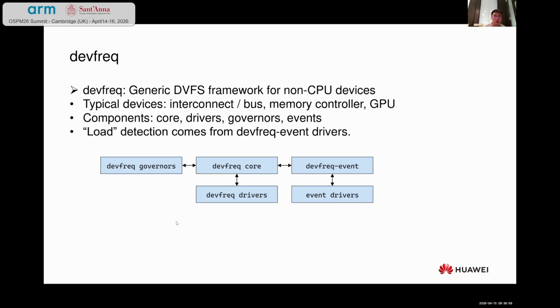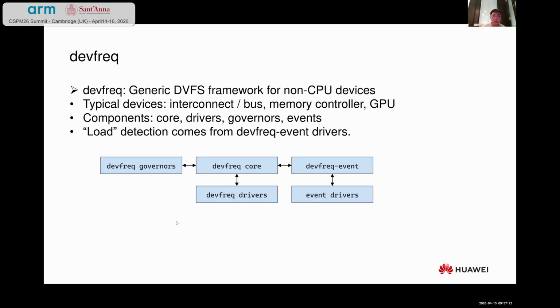Apart from those, we find that one kind of suitable subsystem for doing uncore DVFS is DVFreq or Devfreq. From its description, it's a subsystem for doing a generic DVFS framework for non-CPU devices.